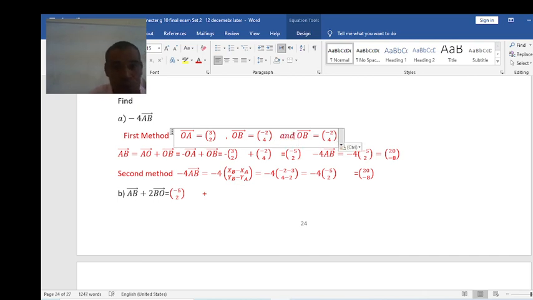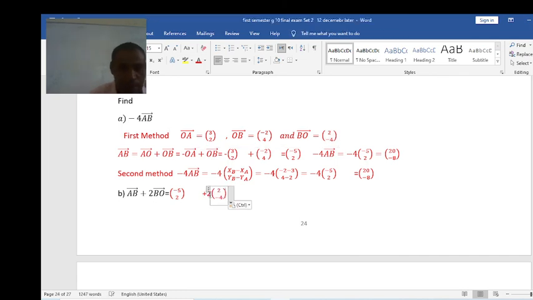So BO is equal to 2, negative 4. It's very easy for you. Plus 2 times that.